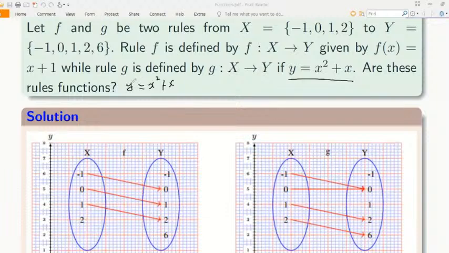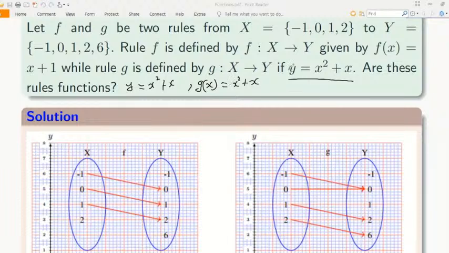So y here is the image, and this is the object. This is the same as somebody writing that g of x is x squared plus x. So these two mean the same thing.